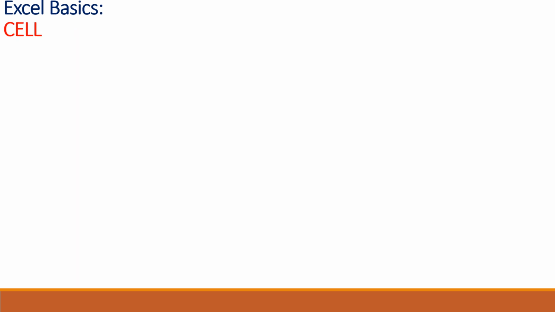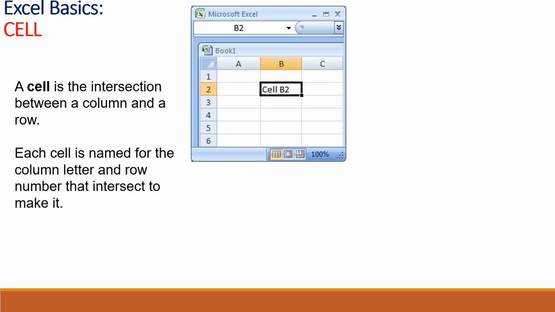Now, the Excel sheet is made up of several small boxes, which are made up of the intersection between rows and columns. These small boxes are called cells. That is, a cell is the intersection between a column and a row.